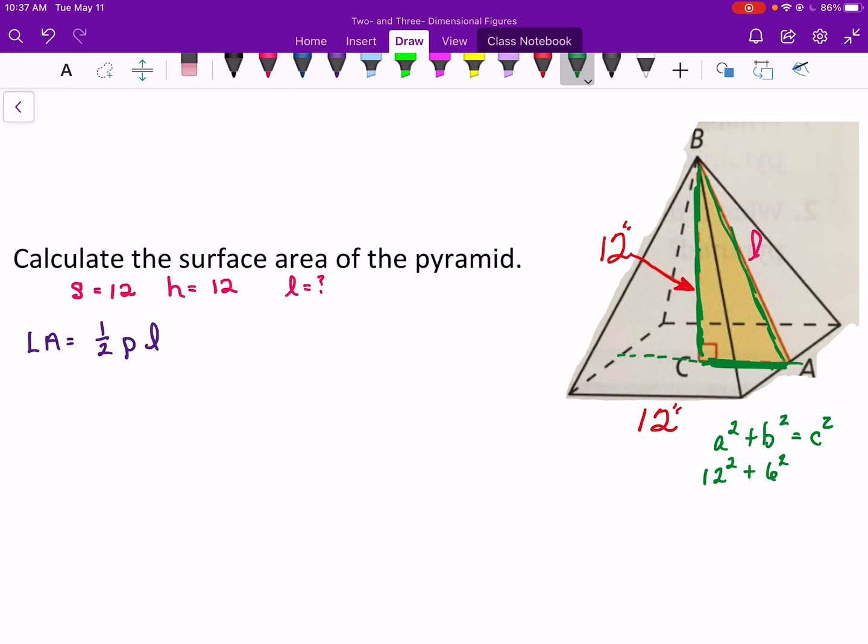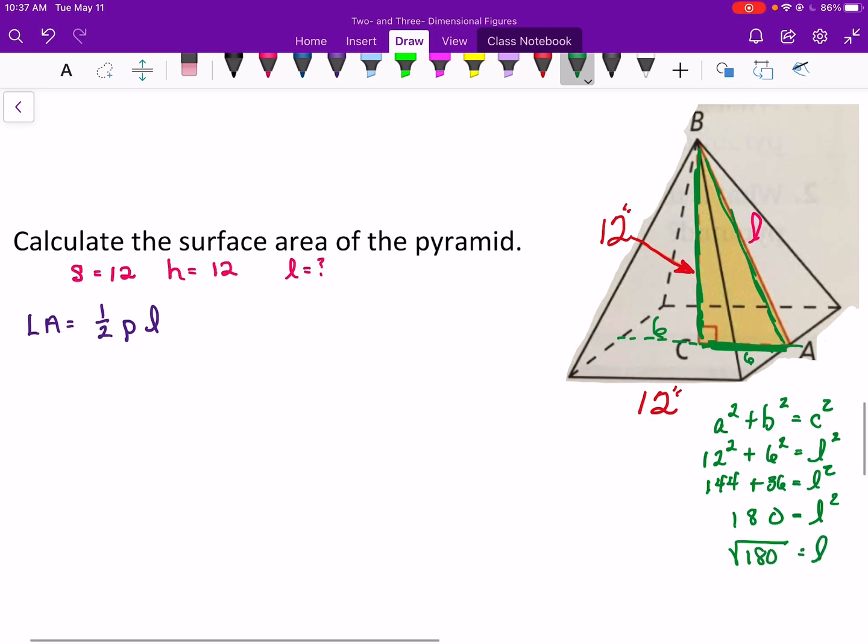The other 6 would be over here. So we have 12 squared, because that's the height, plus 6 squared equals our slant height squared. That's 144 plus 36. 180 equals L squared. So square root of 180 is my L.